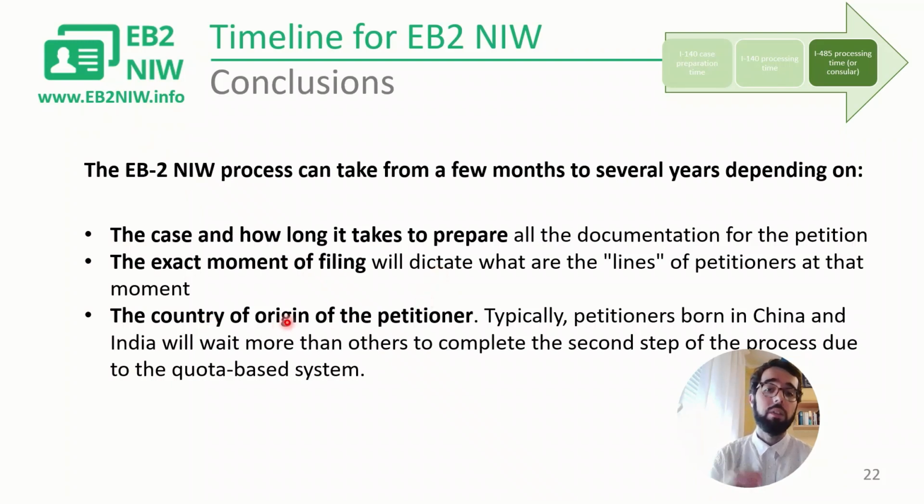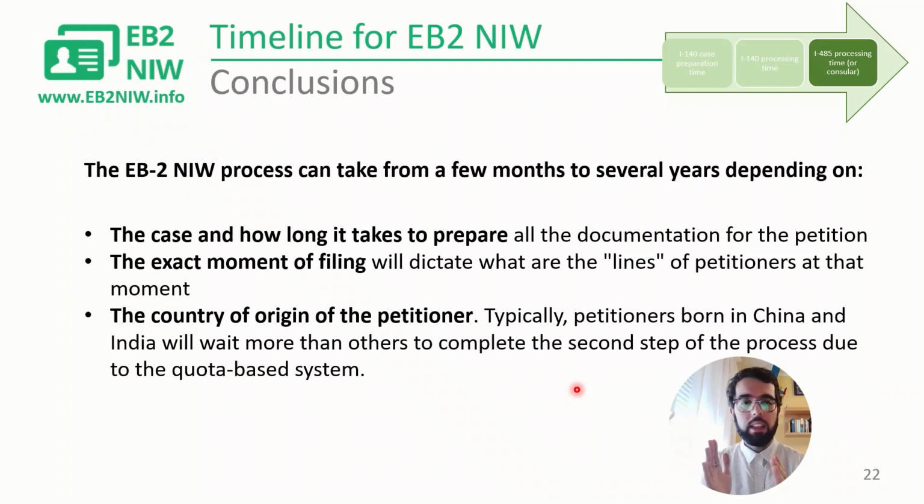But of course, the country of origin, we saw that really matters. So petitioners from China and India will wait more than others to complete the second step, the adjustment of status, because they will need to wait until the priority date and the Visa Bulletin date aligns so they can submit the adjustment of status and complete the last leg of the process.